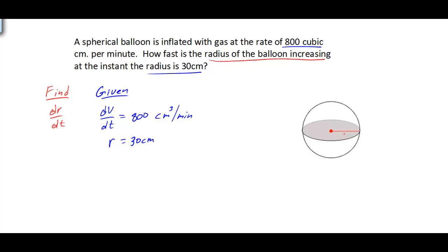So what formula can we use that's going to relate all of these variables together? It should be pretty obvious. If we're looking at a sphere, we're talking about volume, and the volume of a sphere is 4/3 pi r cubed.